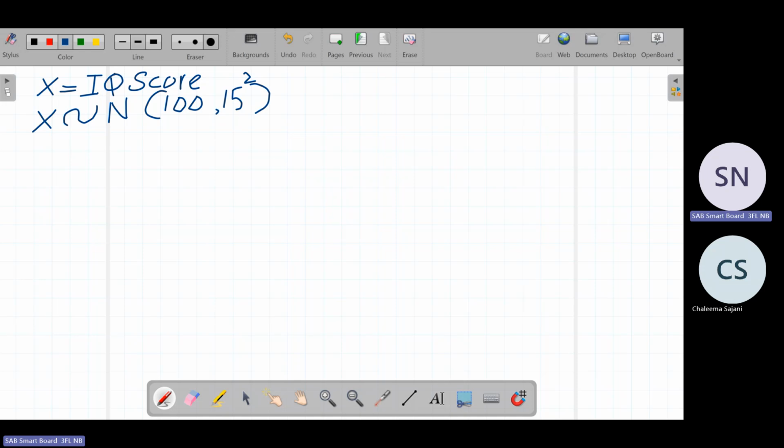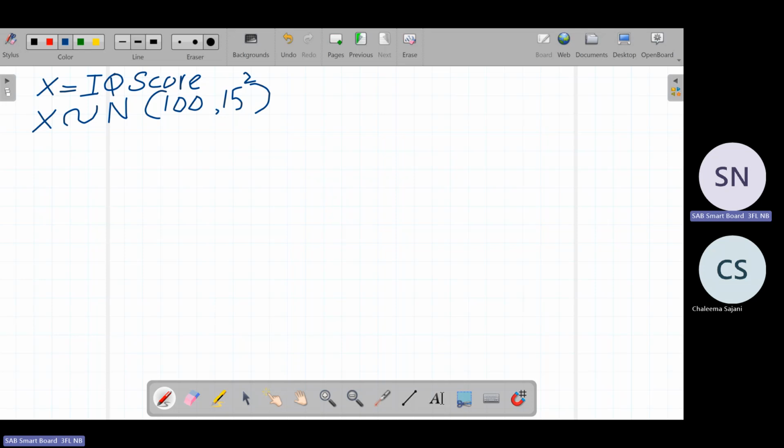Understood? These are the information given in the question. First we define our random variable. Then we write down the distribution with the corresponding parameter values. First you should write down the mean. Next we write down the variance. Okay.